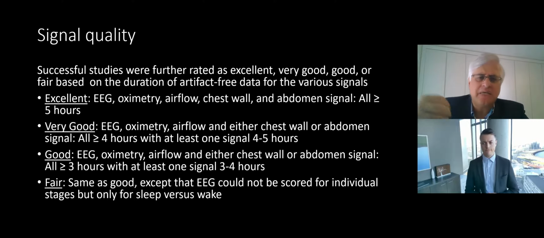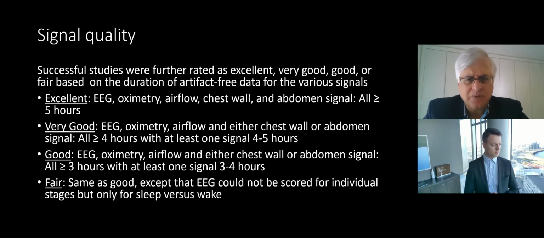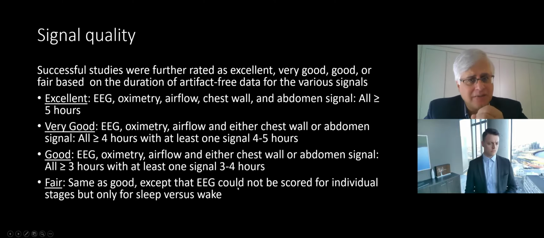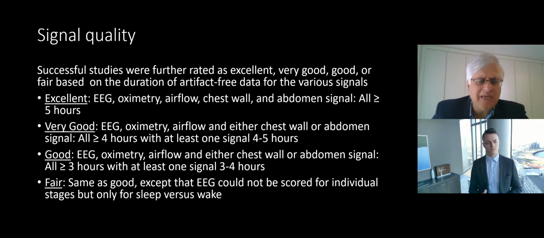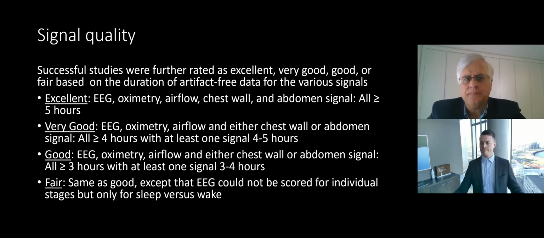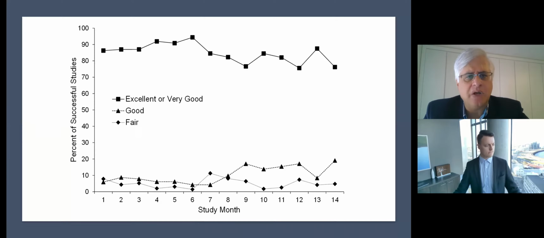If we got, let's say, 4 hours of oximetry, but everything else was more than 4 hours, that's what that criteria would take us. And similarly, good was more than 3 hours, fair was the same as good, but some of our EEGs had artifacts. We couldn't score them for individual stages, but we could tell if this is sleep or wake. So this is very much an arbitrary definition for signal quality.